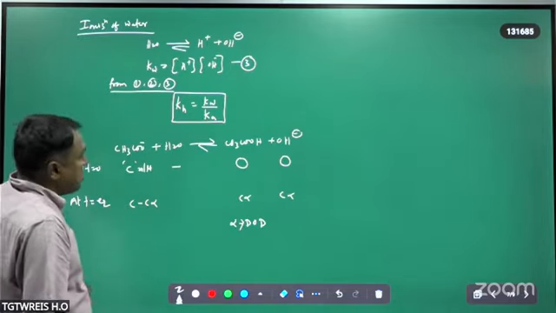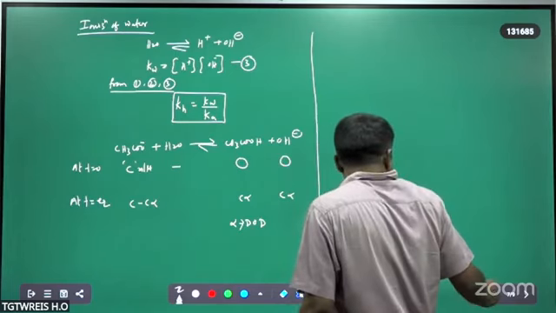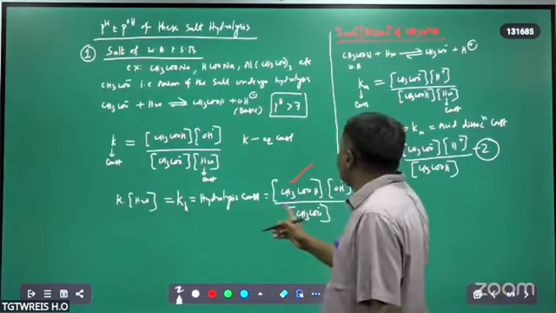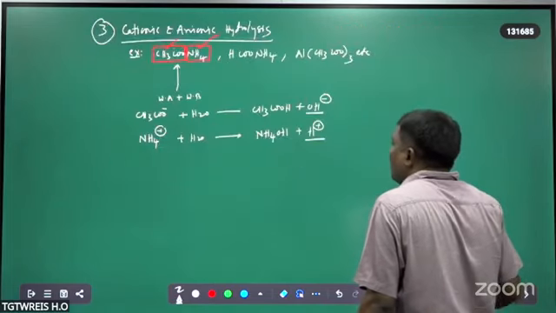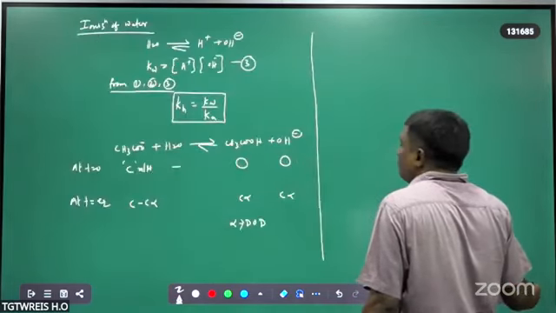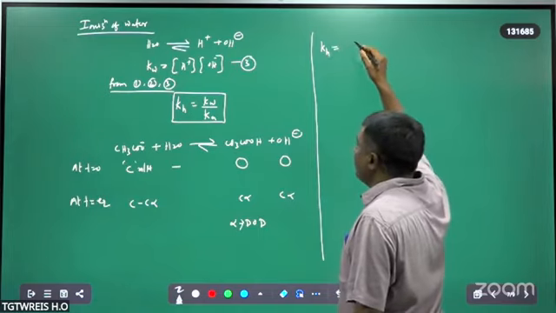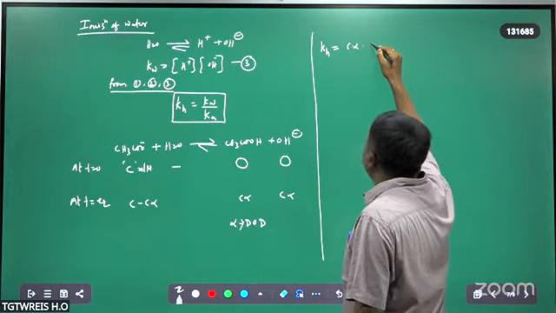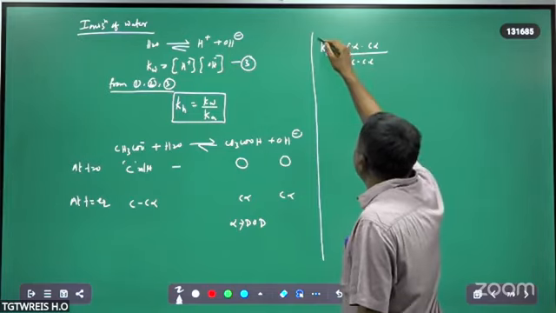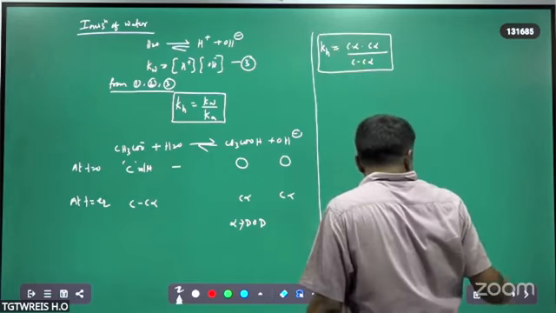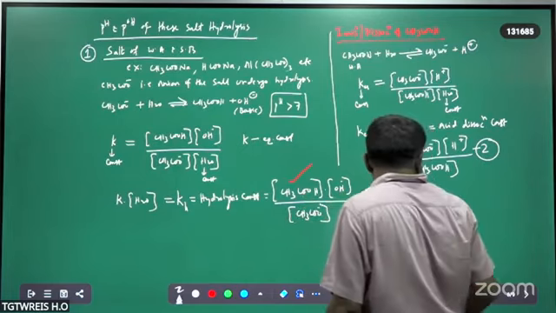Actually, what is KH? KH is acetic acid concentration into OH minus ion concentration by acetate ion concentration.